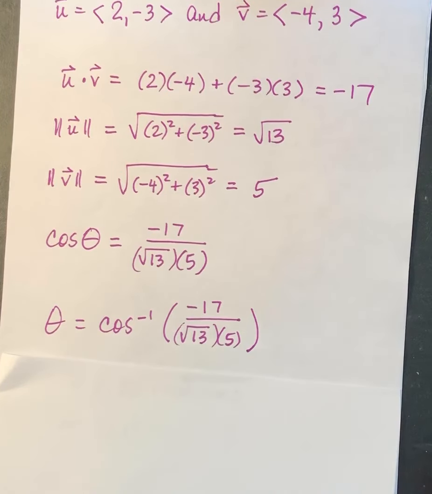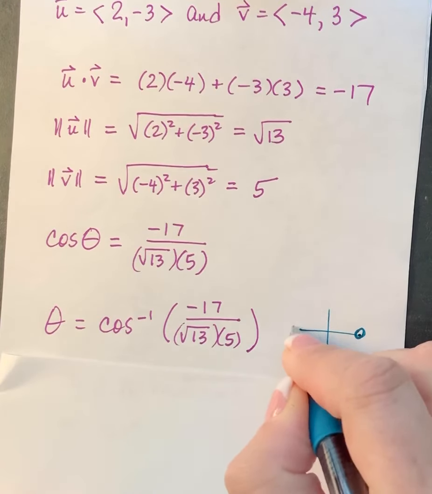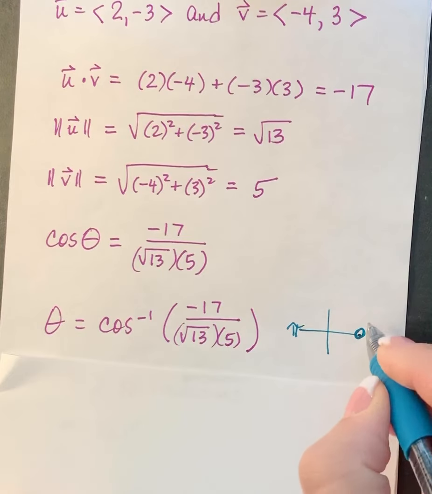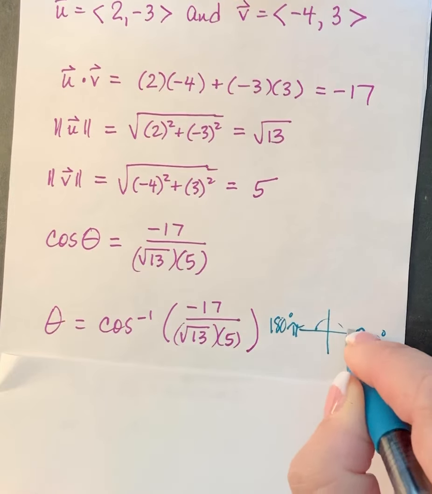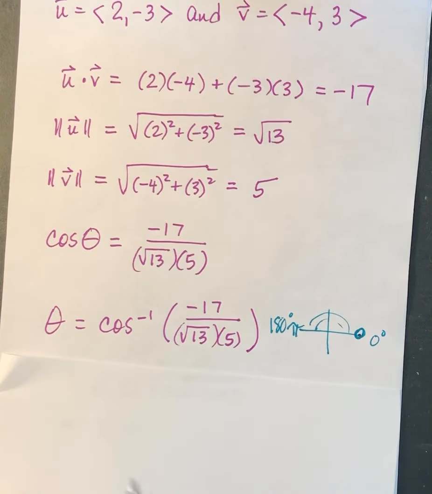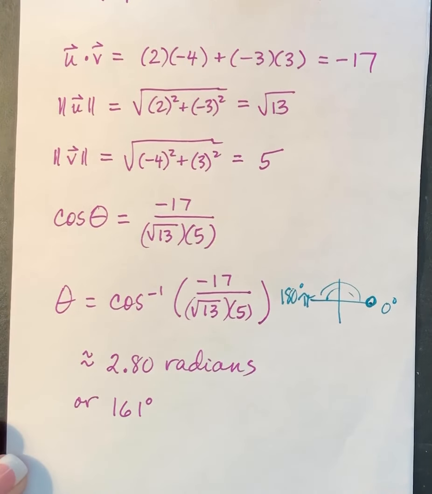Now, if you remember how inverse cosine works, it always returns an angle between 0 and pi, if you're in radians, or if you have it in degrees, between 0 degrees and 180 degrees, which is perfect because that's what we want. So you can put that in the calculator, and no matter what kind of number this is, positive or negative or even 0, it will automatically give you the right angle. So in radians, this one works out to be 2.8 radians. In degrees, it works out to be 161 degrees. Okay.